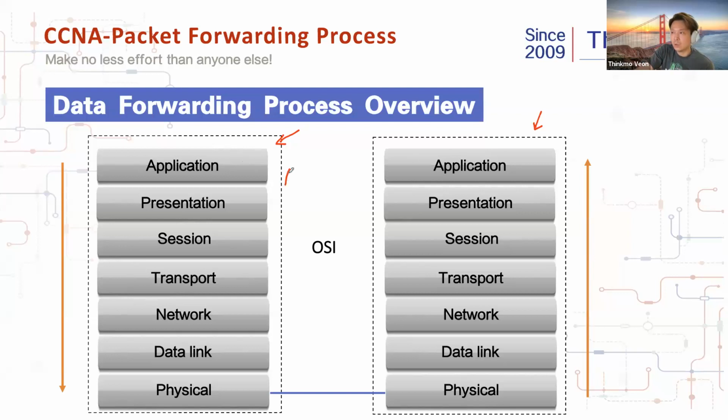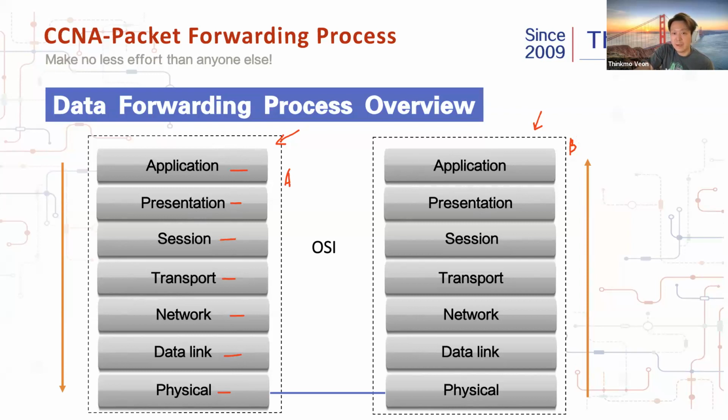Let's say this is host A, or computer A, and this one is computer B. According to the OSI model, the first layer is the physical layer, the second layer is the data link layer, the network layer is the third, followed by the transport layer, session layer, presentation layer, and application layer.